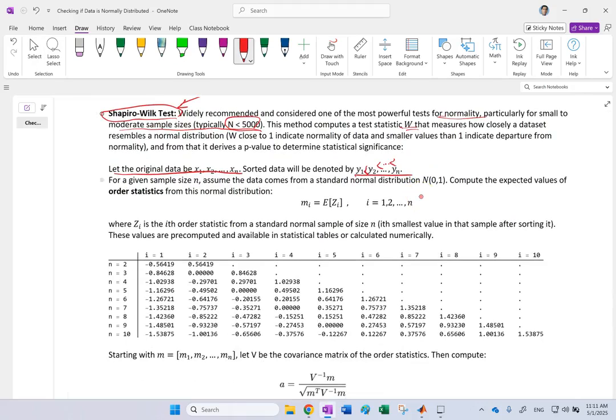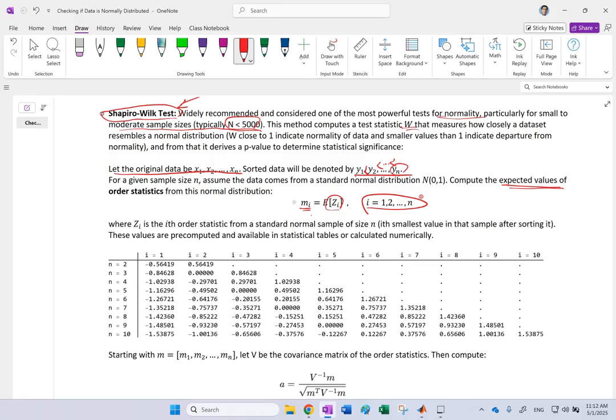You first calculate a bunch of parameters called m's. These m's are the expected values of this parameter Z, so the mi's are the expected values of the Zi's. Now, what are the Zi's, and how many of the mi's do you have? You have n of them, as many as the number of data points.